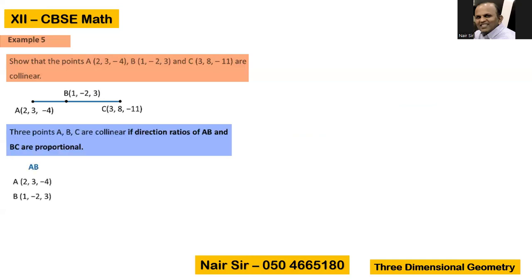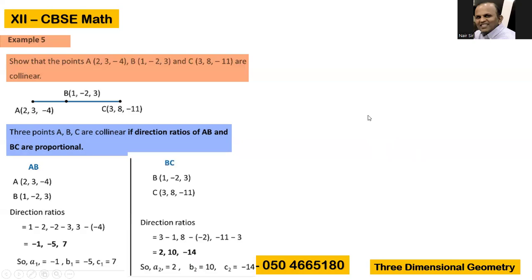AB, I've got A and B. I substitute the value and I get this. Similarly, I've got the value of a1 as -1, b1 as -5, c1 as 7. Now what are they? They are my direction ratio. And similarly, I get the other part also for BC.